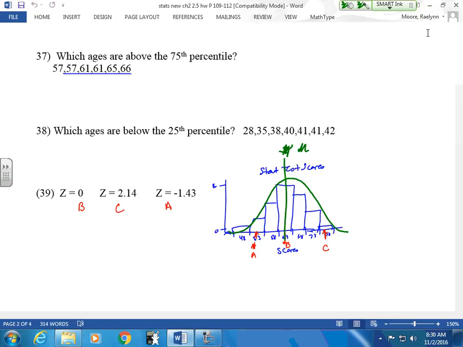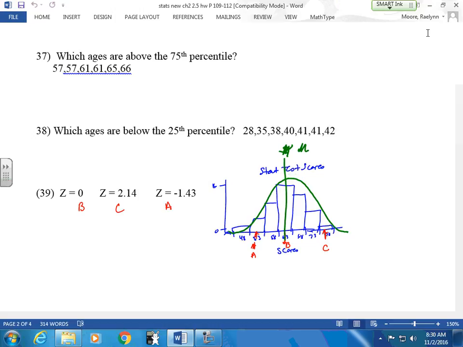The negative z-score is anything to one side, and the positive z-score is to the other side. And the one smack in the middle, where it doesn't deviate off the mean at all, has to be sitting on the mean when it's 0. That's your B. Everybody good placing these, just to get a feel for this?